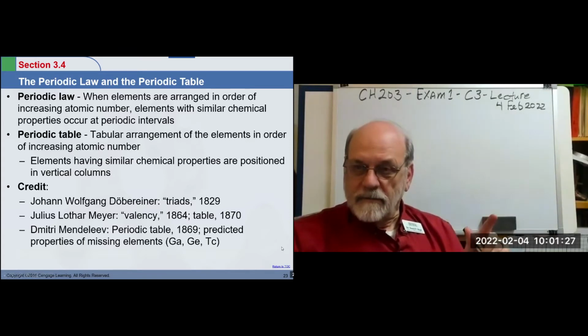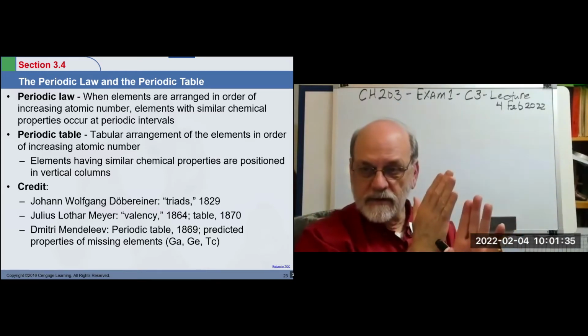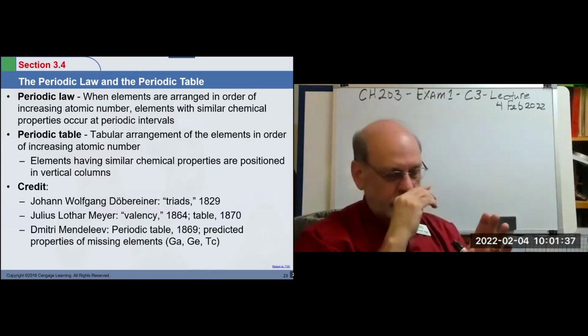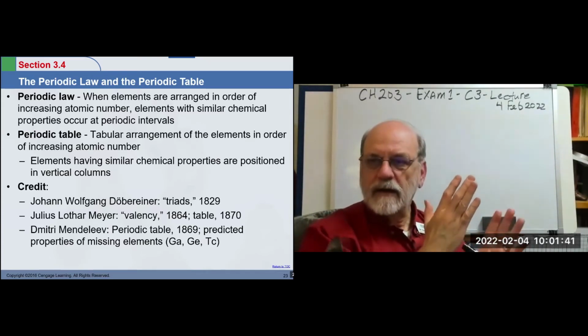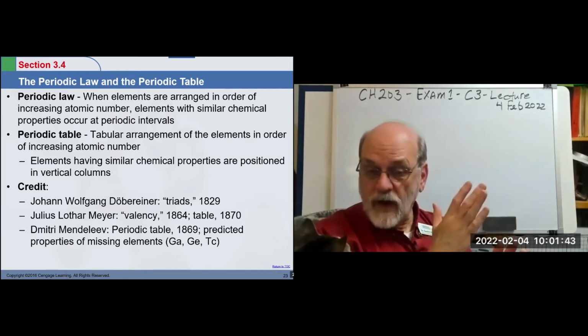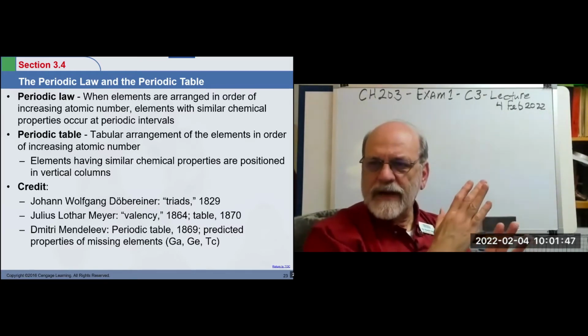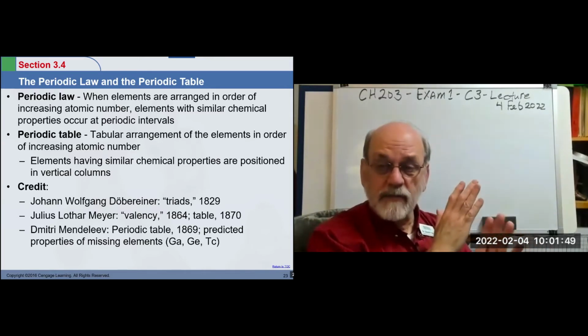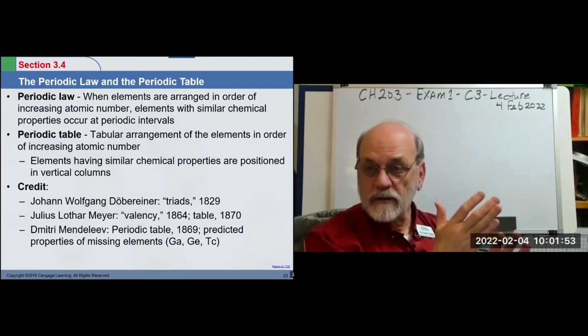Mendeleev took that concept the next step. He said that these relationships in these groups were arranged that way certainly because they had this valency quality, but what he started to do was predict chemical and physical properties.